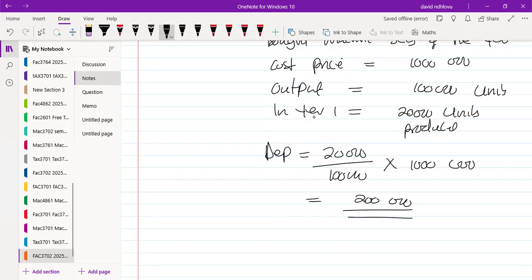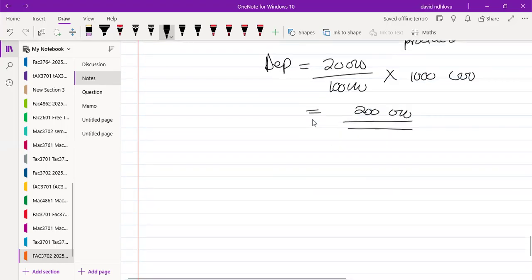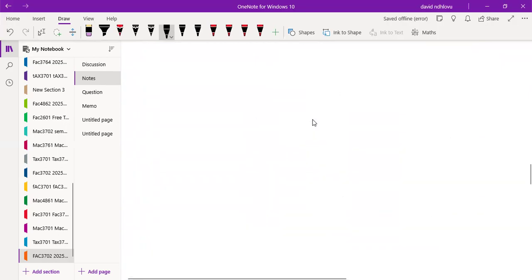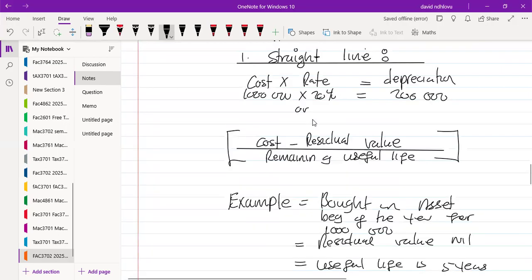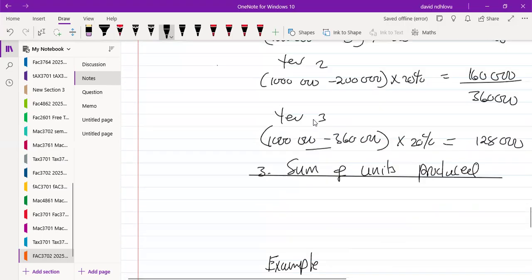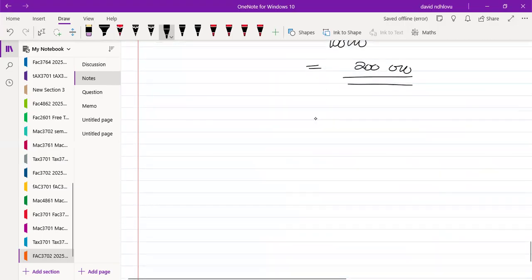Before I go to the other method, which is revaluation, let's go to revaluation. So remember, we are saying there are two methods that we can use for subsequent measurement of an asset, which is the cost model, as well as the revaluation model.